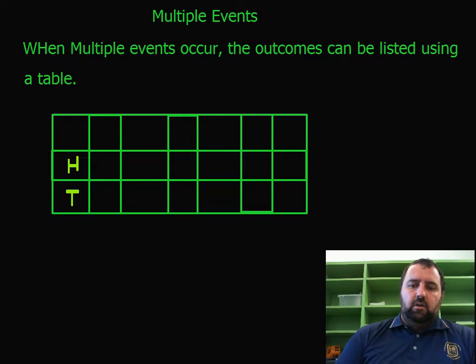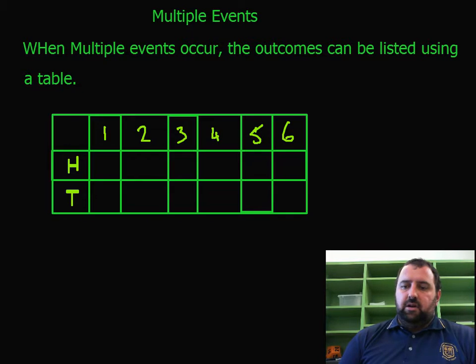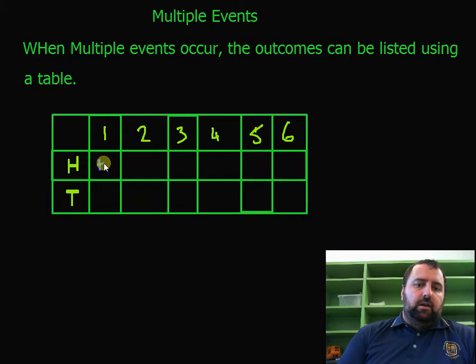Okay, for the dice, there are 6 possible outcomes: 1, a 2, a 3, a 4, a 5 and a 6. Now I'm going to draw this next part in blue just so that it stands out a bit more. So here I've got a head and the number 1.